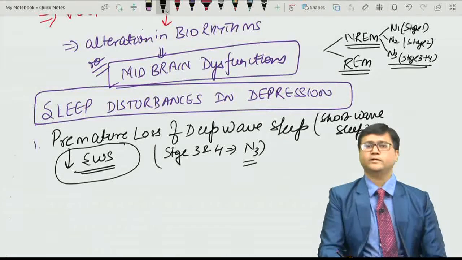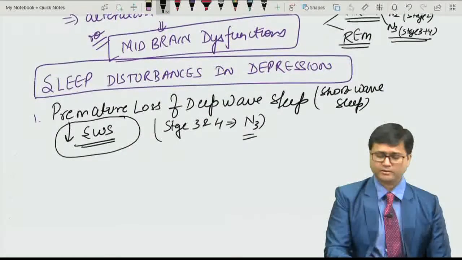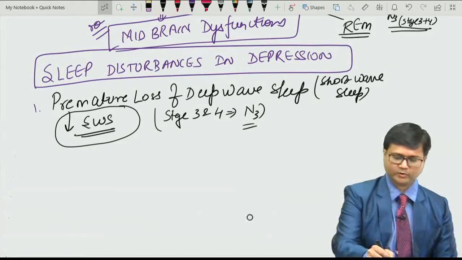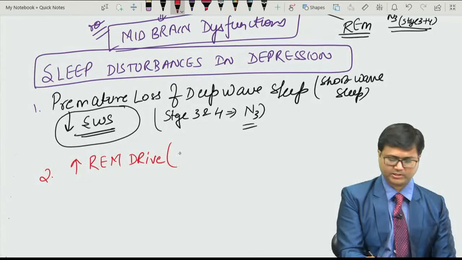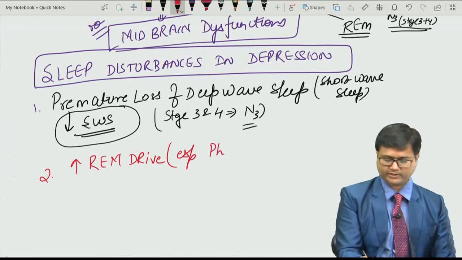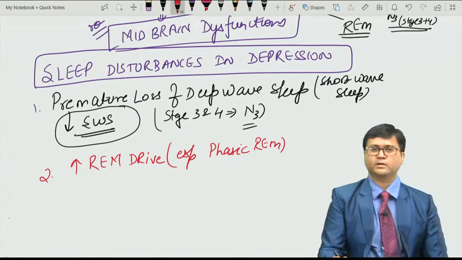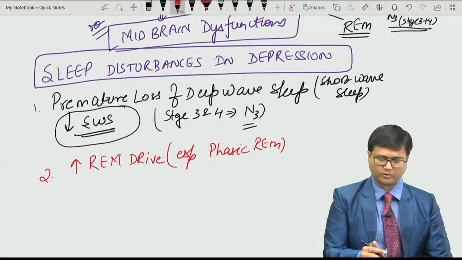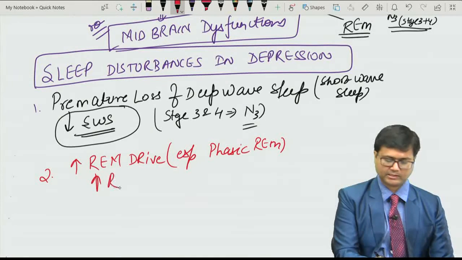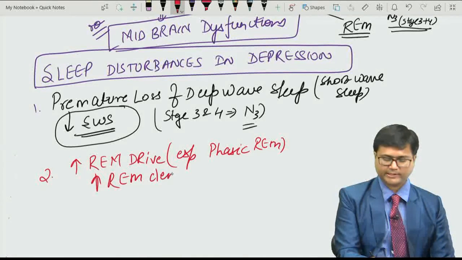This is decreased in depression. Now, another important change is the increase in the REM drive, especially the phasic REM. So, there is an increase in the REM drive. Subsequently, also there is increase in the REM density.